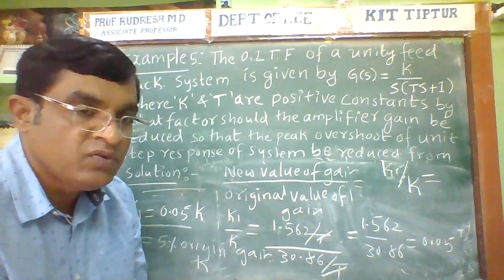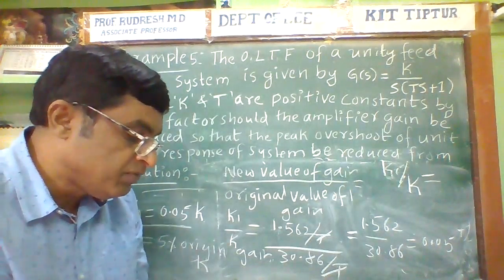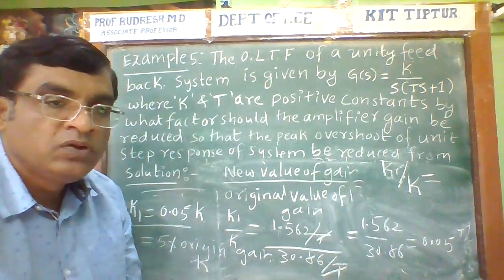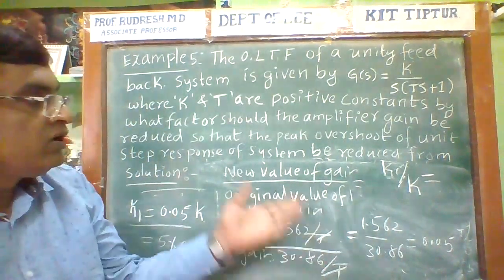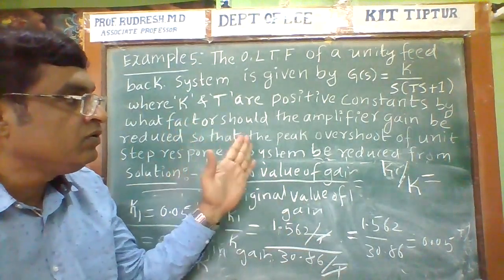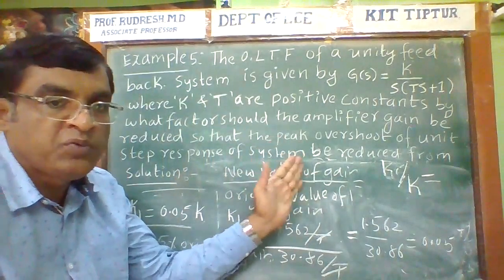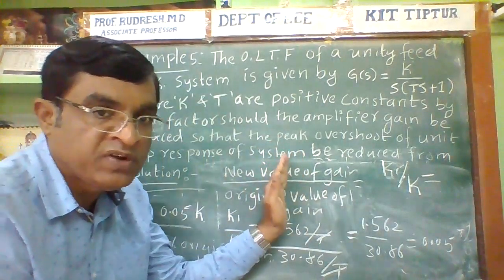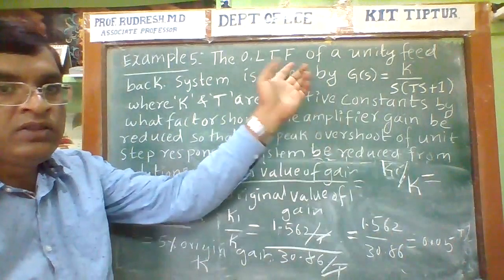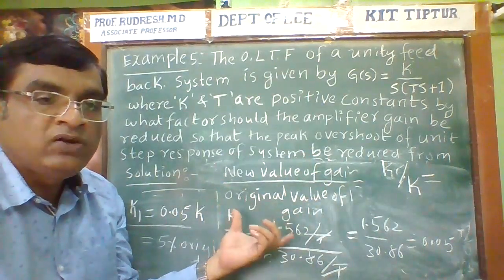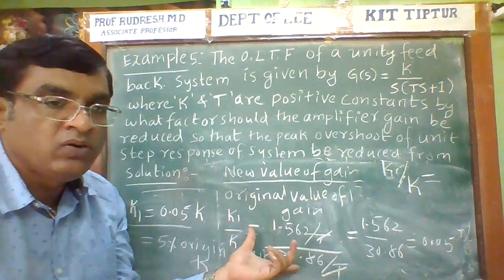Therefore, 5% of the old gain means the factor by which the gain of the amplifier must be reduced is 95%. If I want to reduce the MP value from 75% to 25%, the new gain is 5% of the old gain.